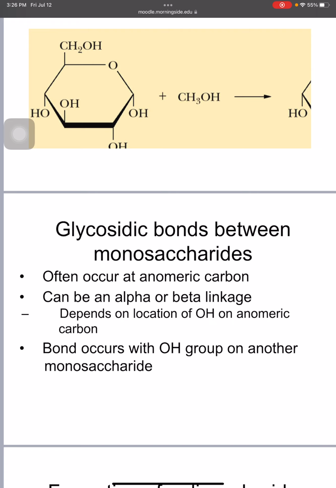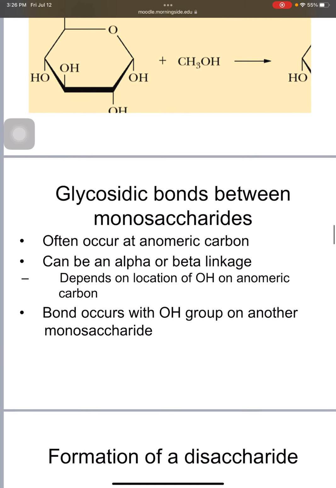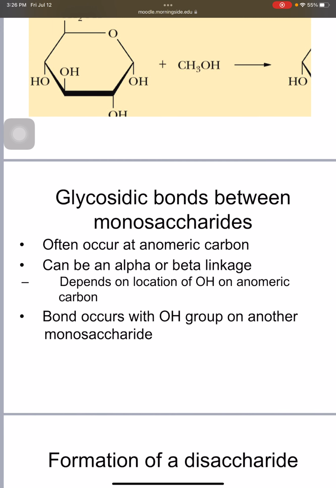This is how we start making higher level saccharides, right? So if we put two of them together, that's a disaccharide. If we put three of them together, that's a trisaccharide. If we put a bunch of them together, then we start getting a polysaccharide. All right? So let's start off with just making a disaccharide.